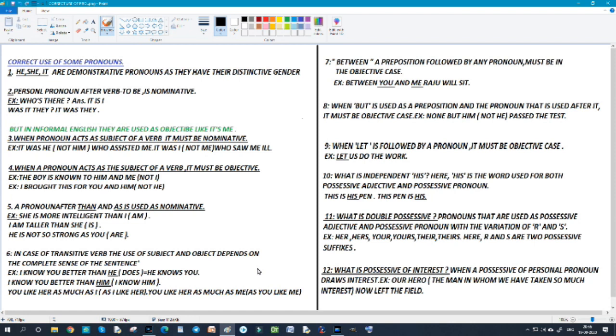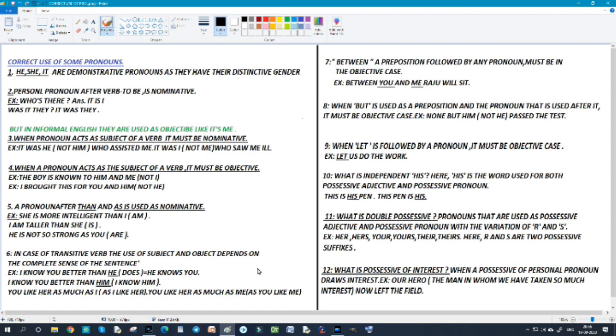Next, rule number 11. What is double possessive? Oh my god, what is double possessive? Double possessive: look at pronouns that are used as possessive adjective and possessive pronoun with the variation of r and s. That means her, hers, our, ours.